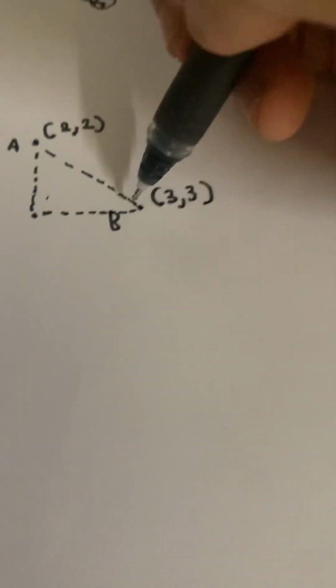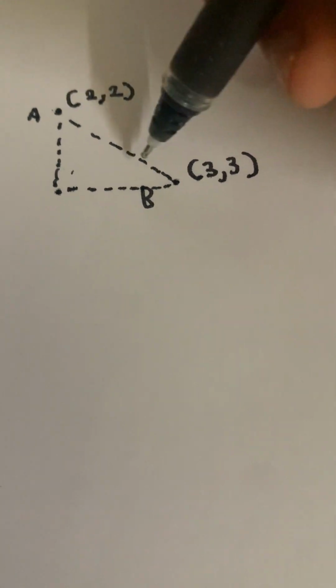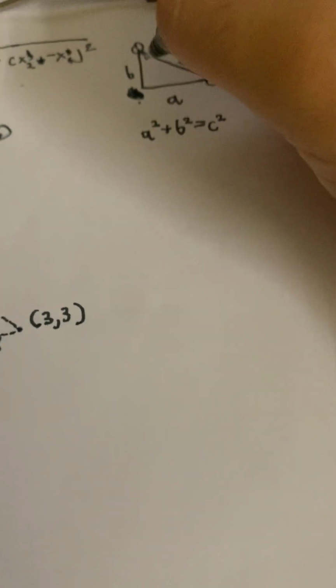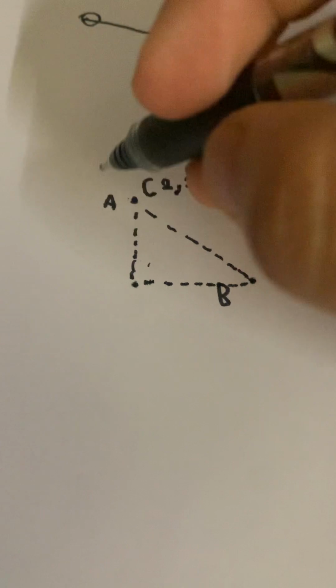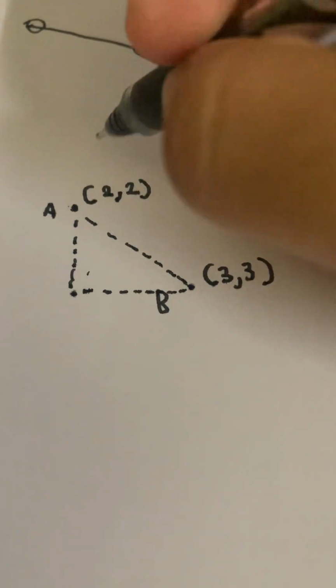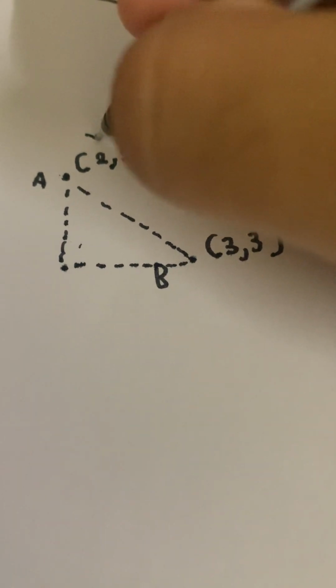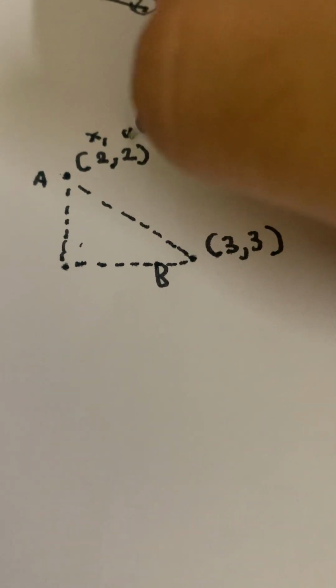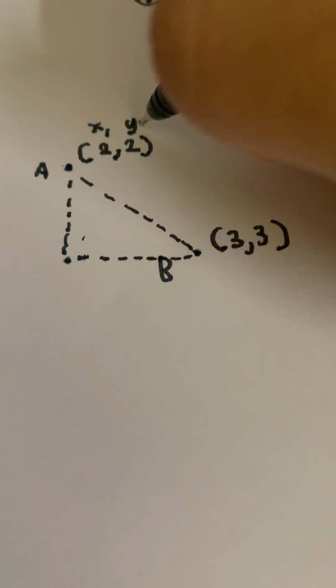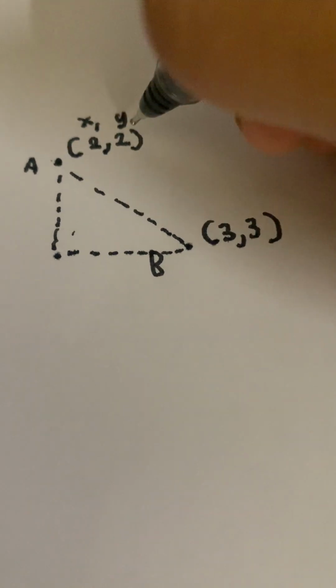Right? Now we have a right triangle here. How do we calculate this length? Well, first we've got to figure out our A and then our B. And that's pretty simple. So if we give each of the points, if we imagine it like this, right? Yeah, okay, let's just do it.